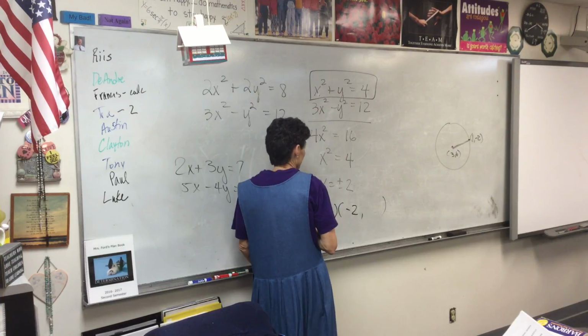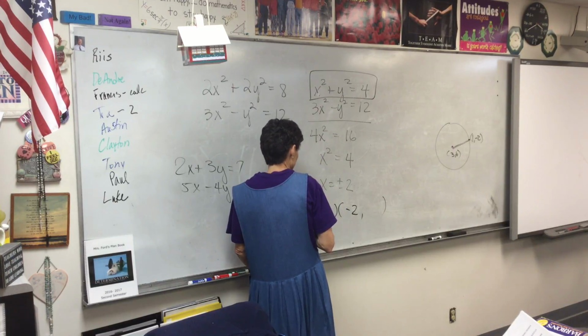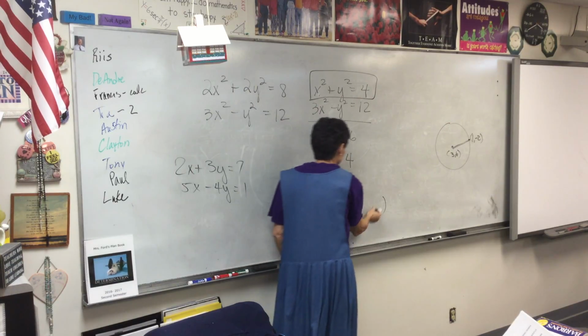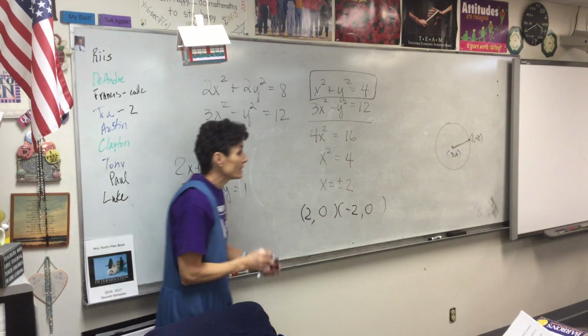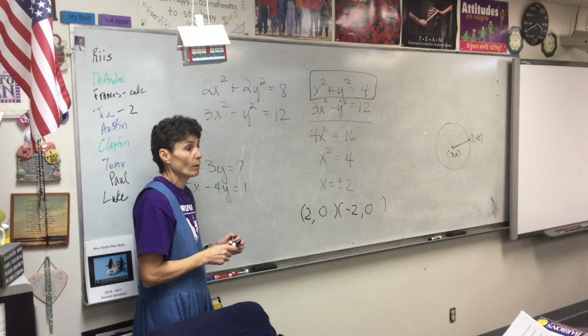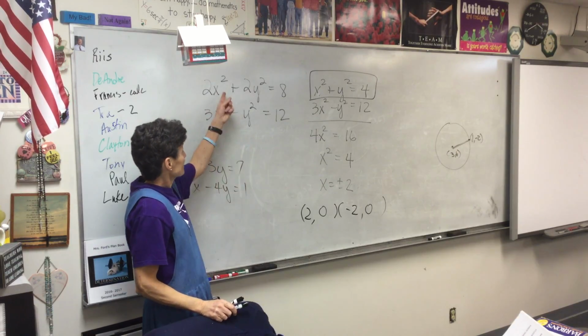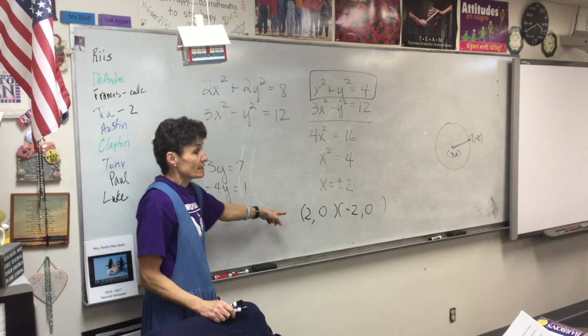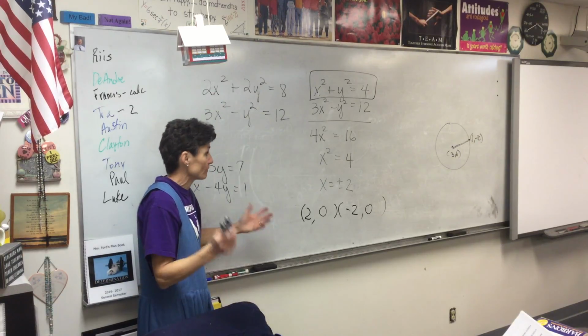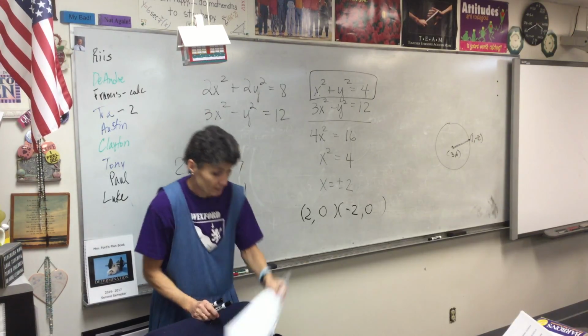Let x be 2. What does y equal? 0. And the same thing's going to happen with negative 2. So we ended up with just 2 points of intersection. This circle and this hyperbola intersect in 2 places. They could have intersected in different amounts of places.